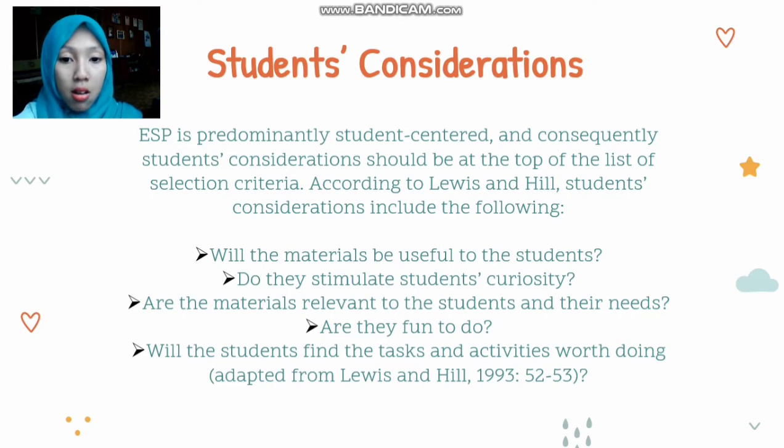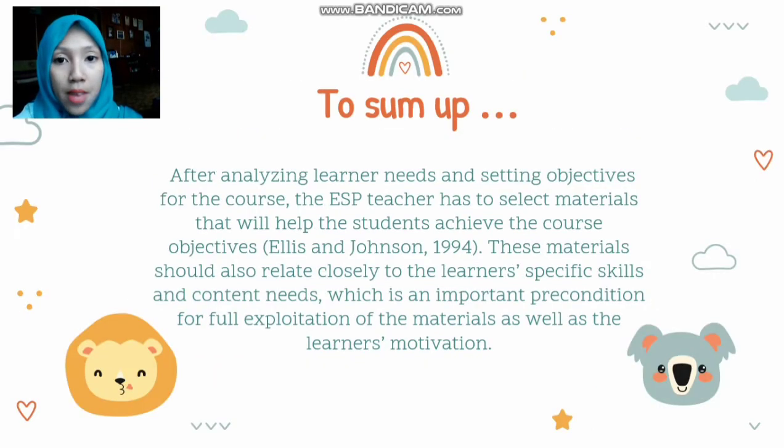Are the materials relevant to the student and their needs? 4. Are they fun to do? And 5. Will the student find the text and activities worth doing? Adapted from Lewis and Hill 1993.